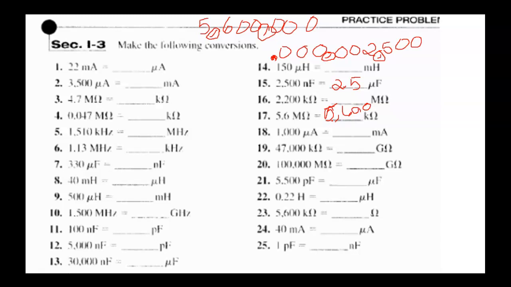My decimal is going to move to right here. So for number 6, it should read as like that.